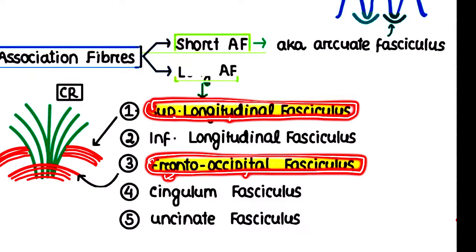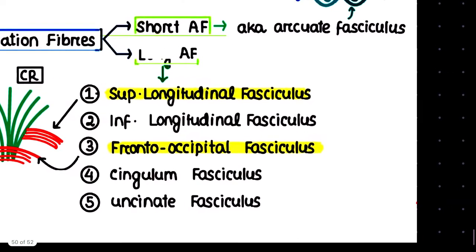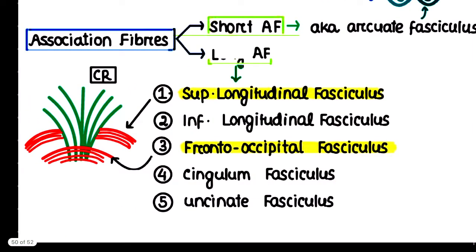The difference is the corona radiata. The corona radiata is for carrying sensation to our cerebral cortex. It also runs through the median region, that means in between the right and left hemisphere.